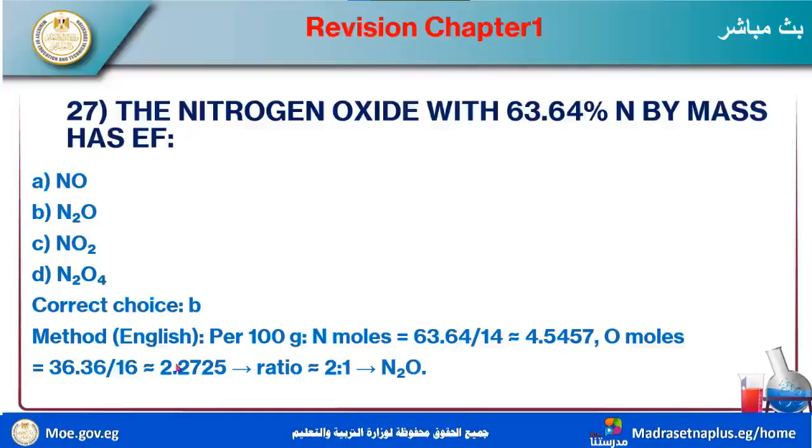So the ratio equals 2 to 1. So N2O is the empirical formula. This is B.